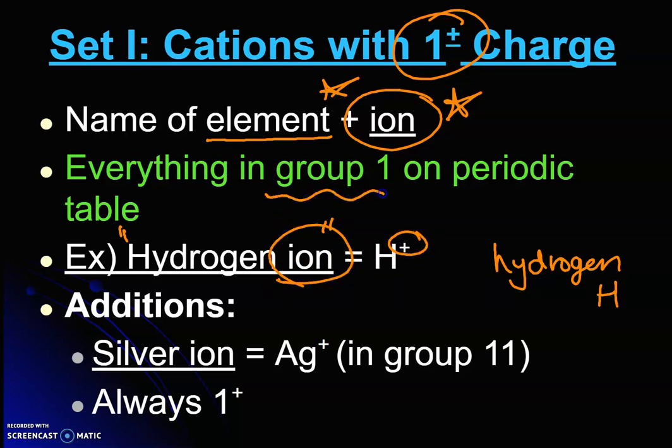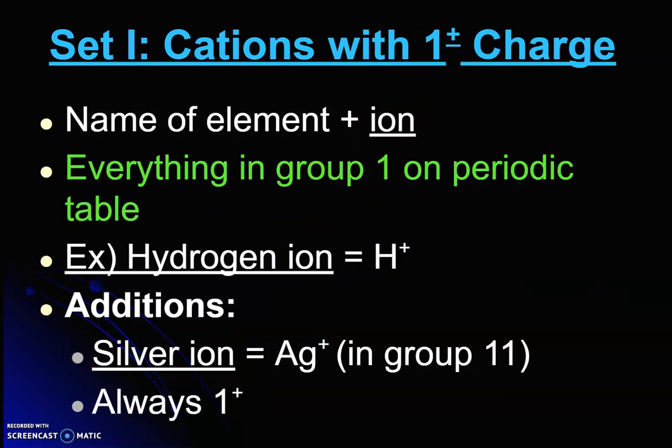Everything in group 1 on the periodic table is a 1 plus. The only thing else inside this section is going to be silver. And if you find silver, it's in group 11 on your periodic table. 11 is made up of 1s. It will always be a 1 plus.